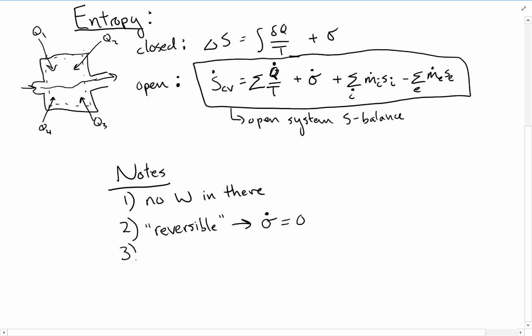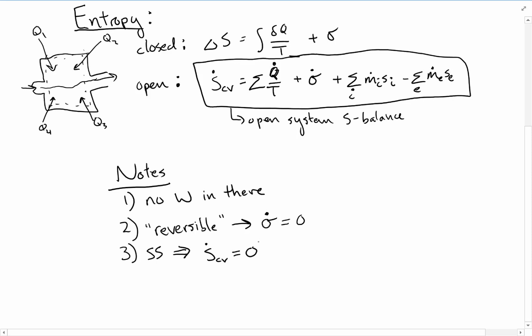Third note, what if it's steady state? Well, just like with energy, if it's steady state, then nothing can be changing with time, which means that you cannot be accumulating entropy inside your box, because if you were accumulating entropy, then the entropy at one point in time would be different than the entropy at another point in time. So steady state means that the accumulation of entropy, the difference between what's going in and what's going out, has to be 0.